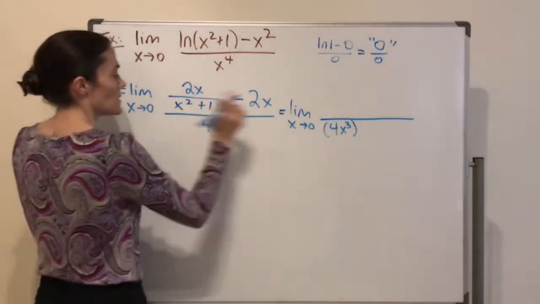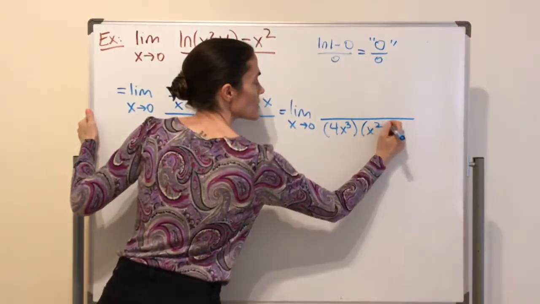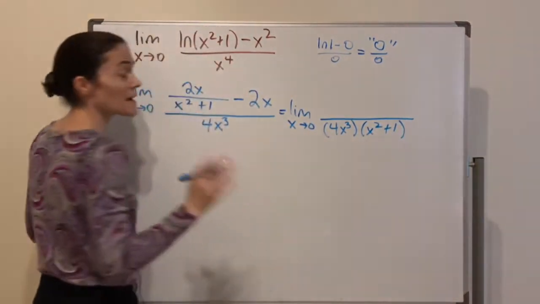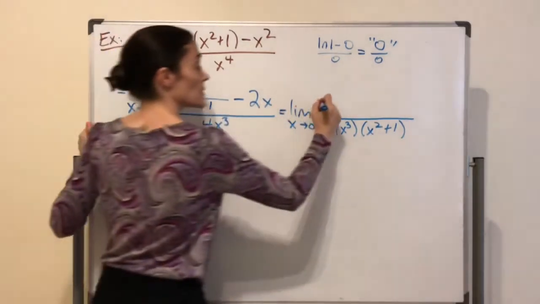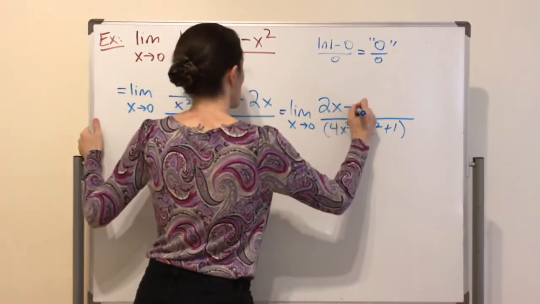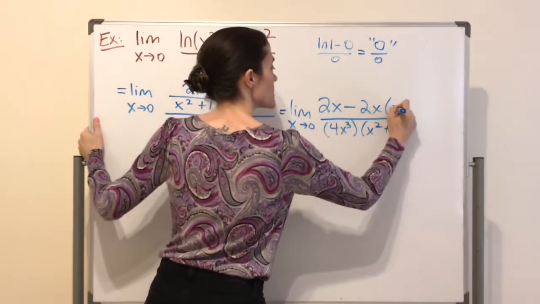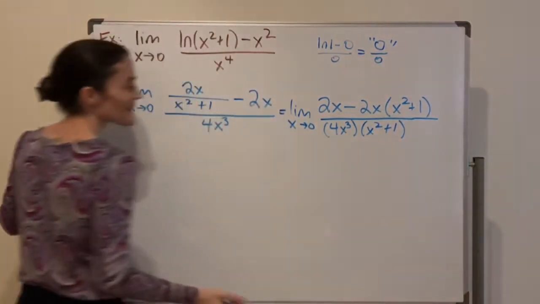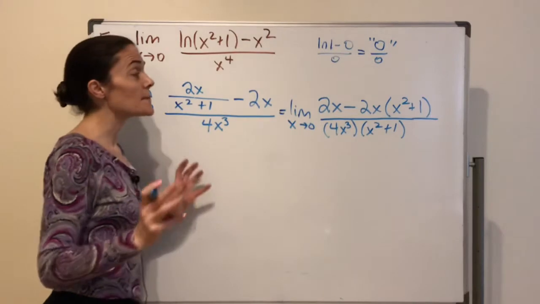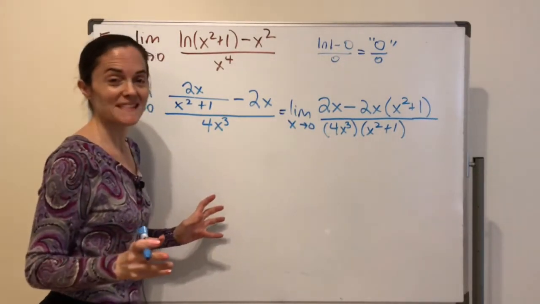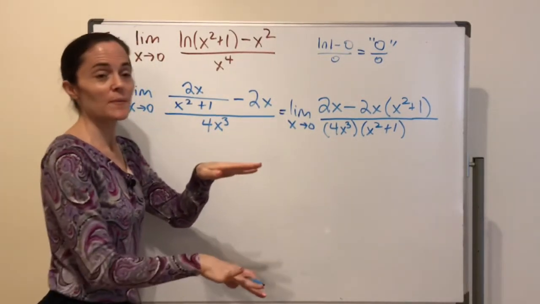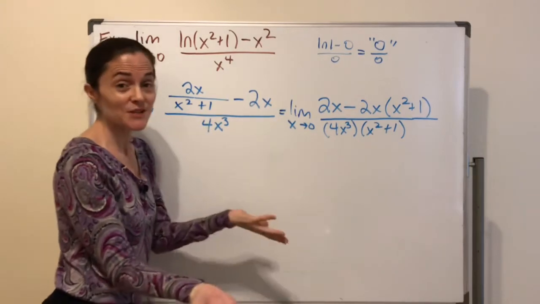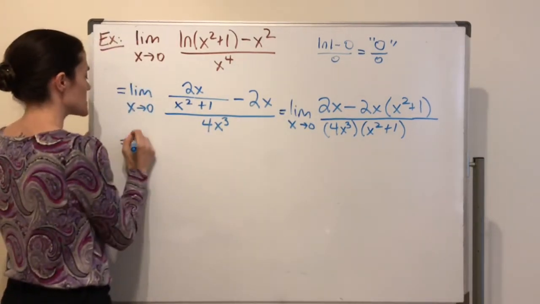And then I will have x squared plus 1 as my common denominator in the numerator. This will be 2x and then minus 2x times (x squared plus 1), okay? Now, let me just multiply everything out. Then I'll have polynomial divided by polynomial, which will be easier to work with when I think about this limit.